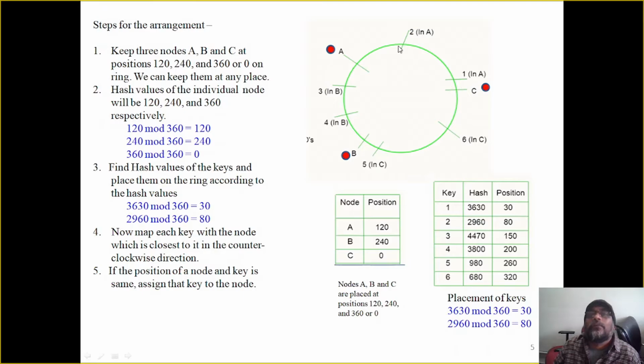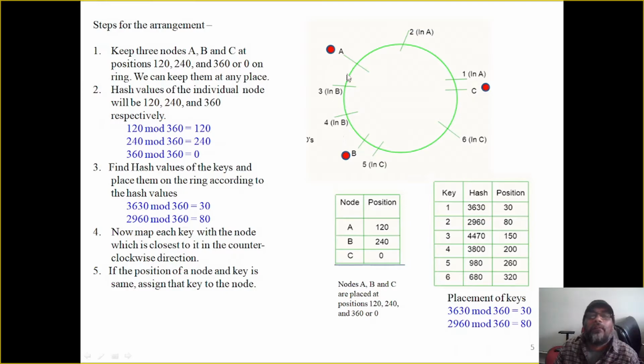So suppose key 6: on which node will we store it? I make the rule that we move counterclockwise, and whenever the first node appears, it will be stored there. So you see, when we move counterclockwise from here, key 1 and key 2 will be mapped to A. After 1 and 2 we come to A.